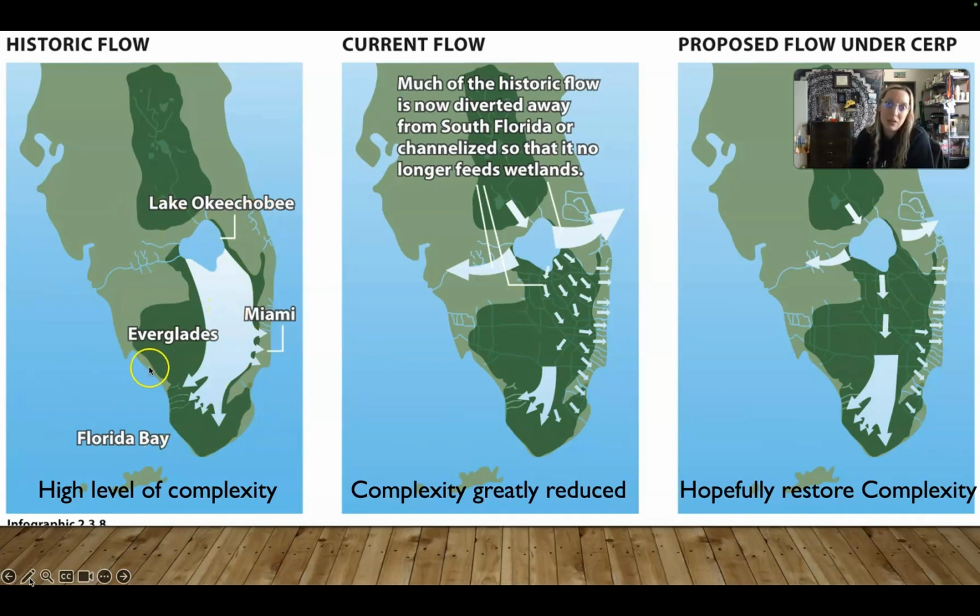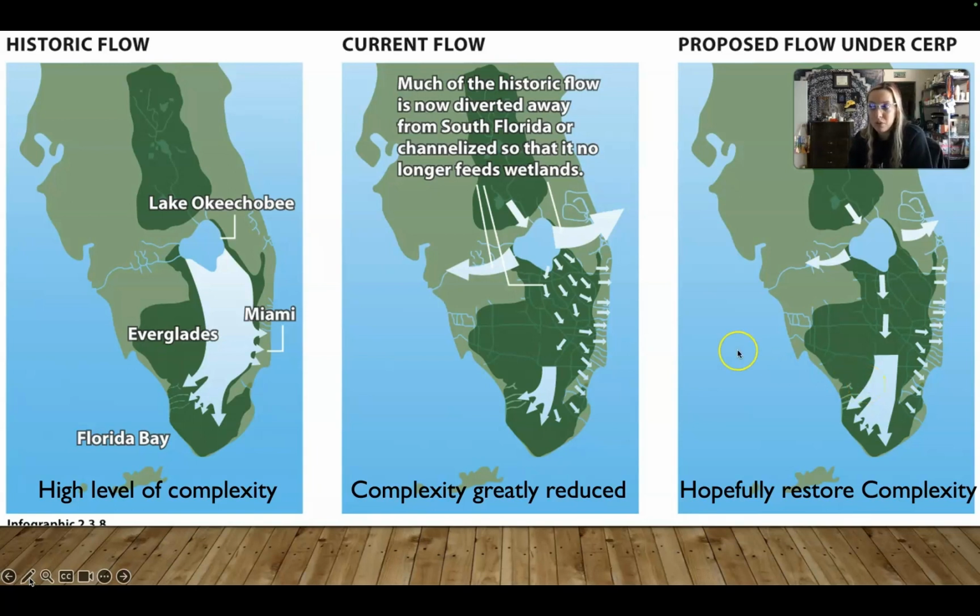And there was a high level of complexity within the ecosystems, whereas now with current flow, it has been diverted away from the Everglades area from South Florida. So then it's channelized into other areas that no longer feeds into this wetland area. So the complexity of the ecosystems has been greatly reduced. And so restoration efforts would not only benefit animals, but it would also heavily benefit the residents of South Florida.